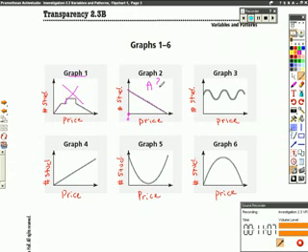Graph 3. At 0, it's pretty high. As the price increases, the number of students can't increase. That doesn't make sense. Graph 4 is not going to work. At 0, no one wants to go. That is definitely not going to happen. Next graph. At 0, a whole bunch of people want to go.